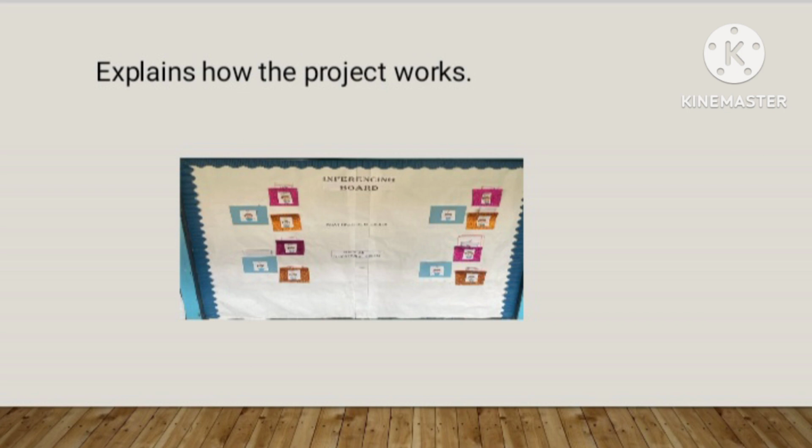The pink pocket is the question pocket, where the pupils take out the questions and answer them. But before they answer these questions, they go into the orange pockets and take out the clues before they go ahead and answer.